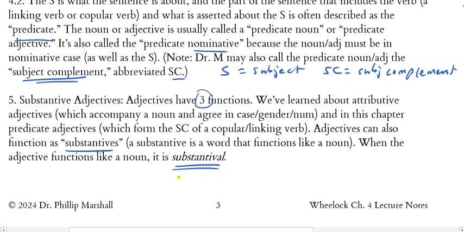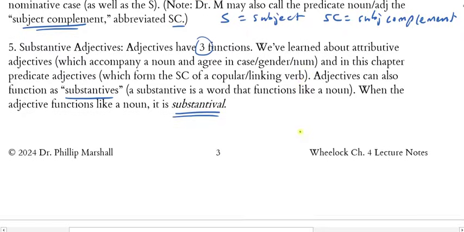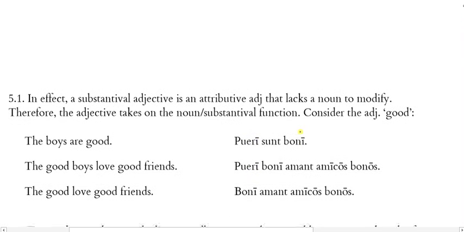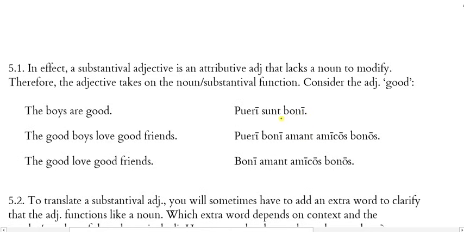So adjectives are not nouns, but when they act like nouns or function like nouns, they become substantival adjectives. In effect, a substantival adjective is an attributive adjective that lacks a noun to modify, and therefore, the adjective takes on the noun function or the substantival function. Let's consider the adjective good, which in Latin is bonus, bona, bonum.